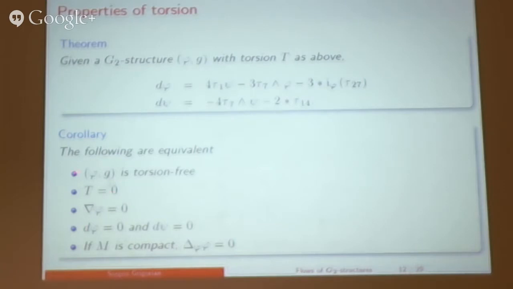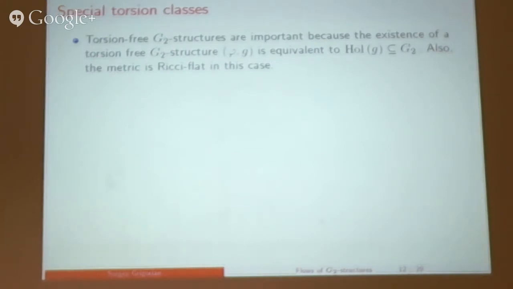The reason torsion-free G2 structures are of importance is that this tells us the holonomy group of the metric g is contained in the group G2. The existence of a torsion-free G2 structure is equivalent to the holonomy of the metric being contained in G2. So if we have a torsion-free phi with corresponding metric g, then the holonomy is in G2.